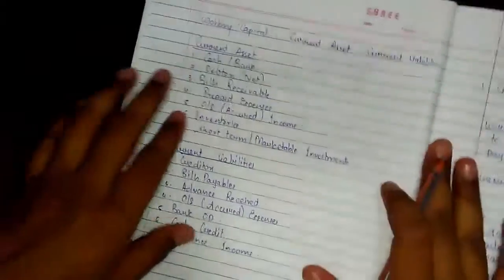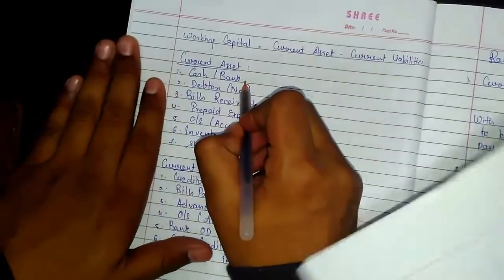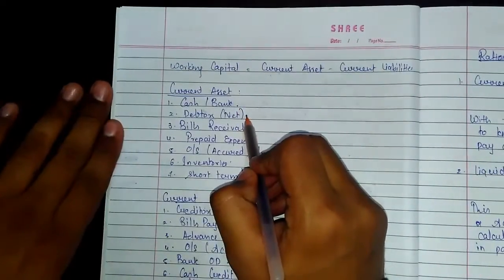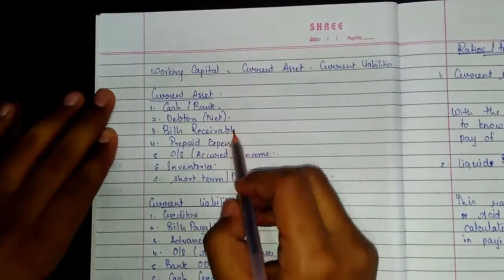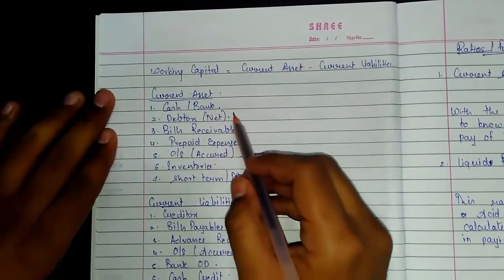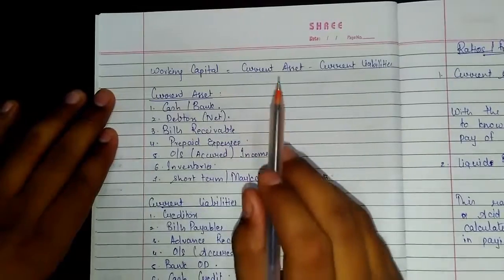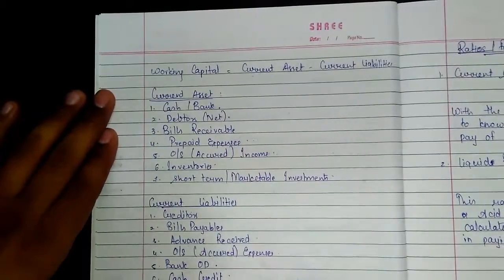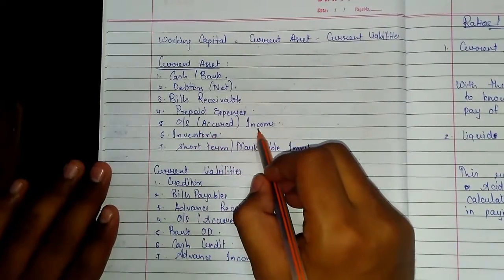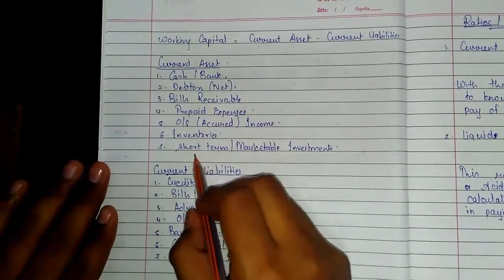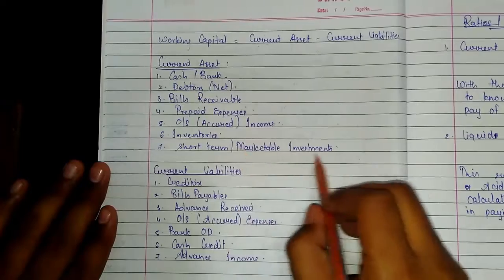See over here, current assets, this is very liquid. This is not so liquid because debtors may delay in paying off the debts. Bills receivable same as debtors. Prepaid expenses are also subtracted. Then outstanding or accrued income, inventories, short term/marketable investments.